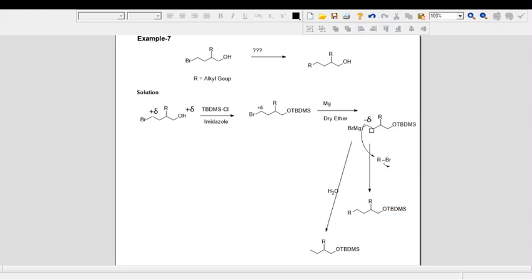So it was a CH2 group here, which is now converted into the corresponding CH3. The electron rich CH2 moiety has picked up a proton from water and is now converted into the corresponding methyl group.